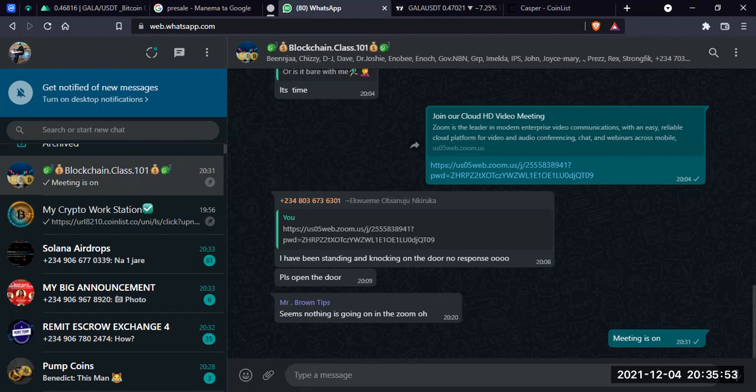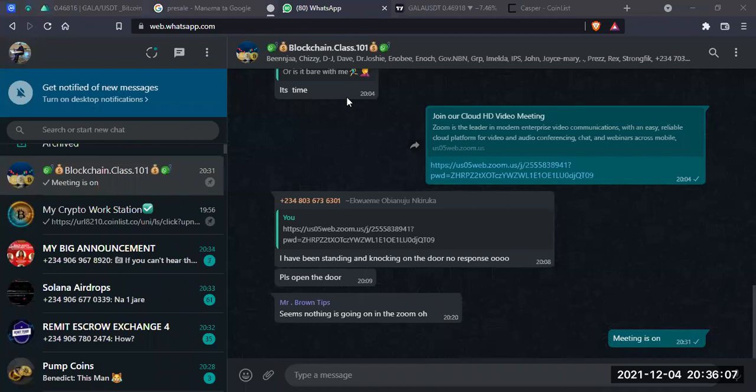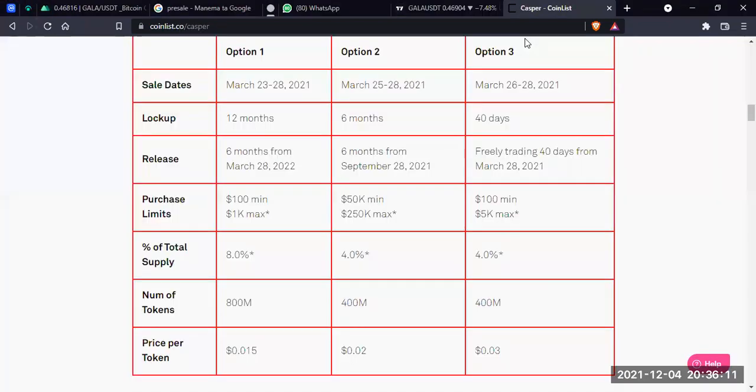Please, where are you seeing the calculation? Are you not seeing the calculator? I can only see WhatsApp. Maybe I have issues. I'm only seeing our WhatsApp group on the screen. What are you seeing right now?